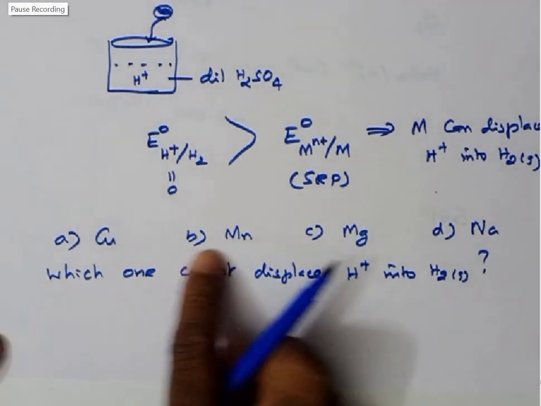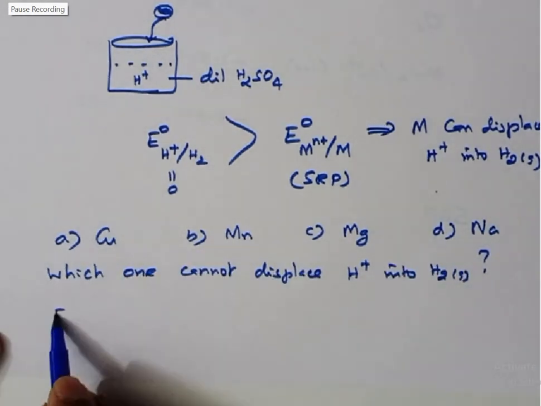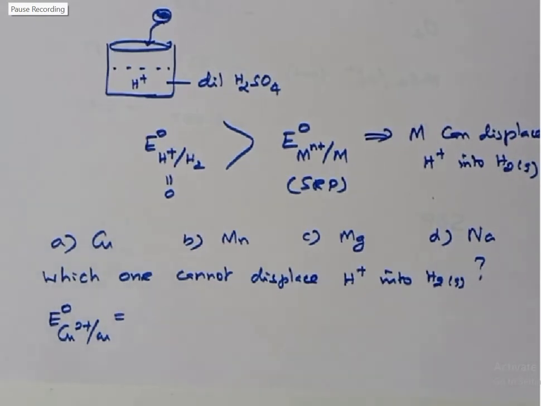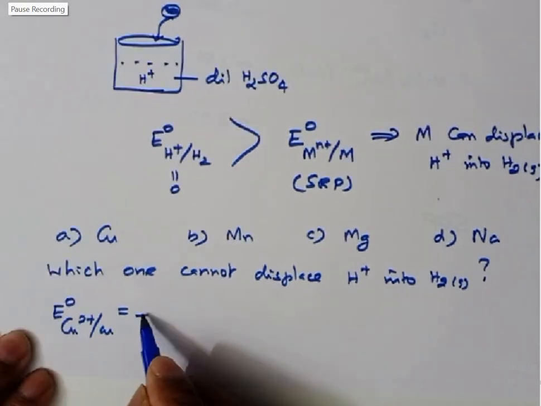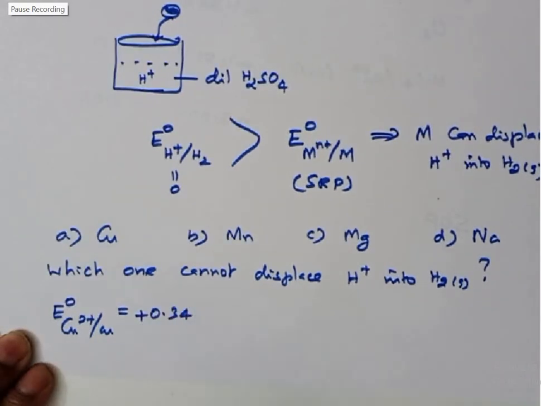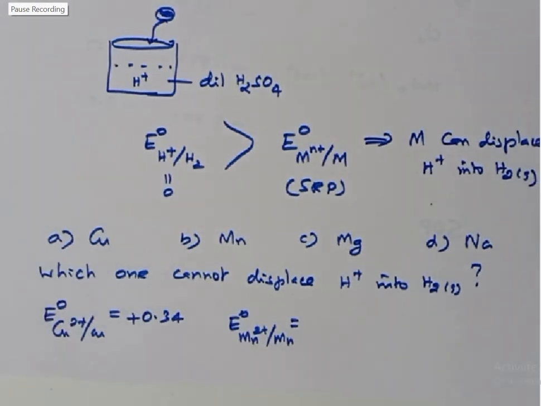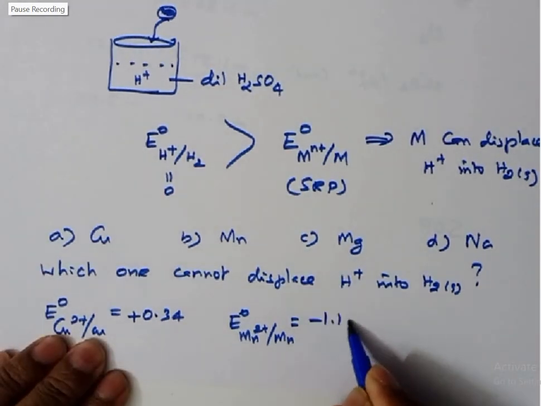Very simple. See their reduction potential values. E naught value for copper 2 plus into copper is the reduction potential for copper. These values they will provide in the examination, but right now I'll give the values. For copper 2 plus becoming copper, the value is plus 0.34 volt. For Mn2 plus becoming Mn, the value is minus 1.18 volt.